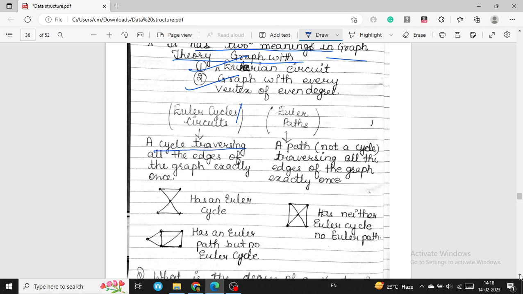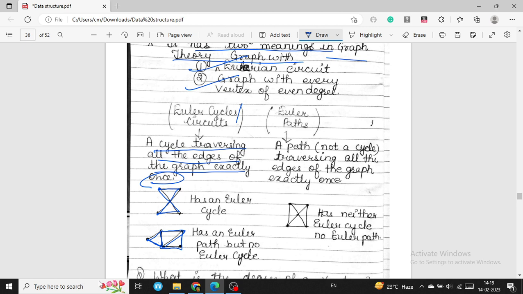An Euler cycle is a cycle traversing all the edges of the graph exactly once. It means that from here we start and run, and it should not repeat any edge. That graph has an Euler cycle. Another graph has an Euler path but no Euler cycle, because when we start here and go here, we have to repeat an edge, then we reach the destination.